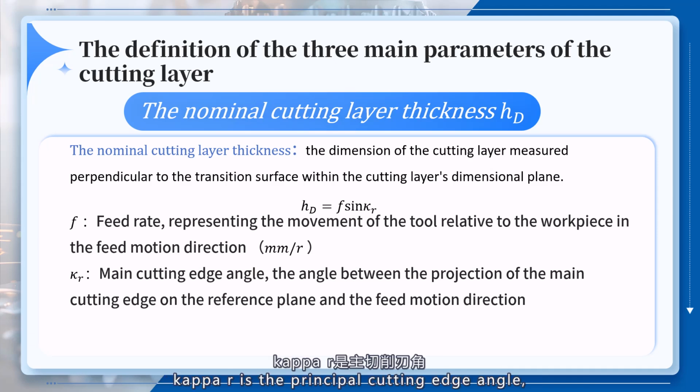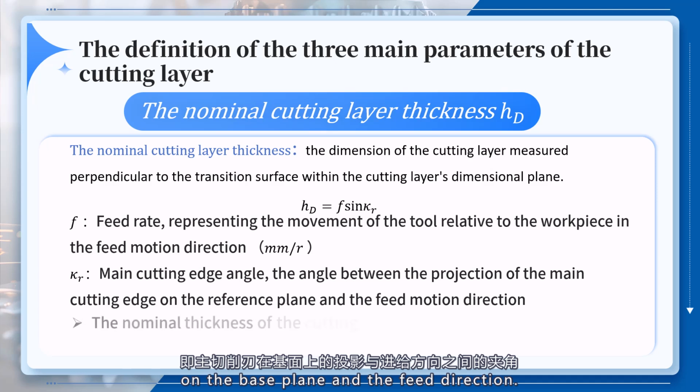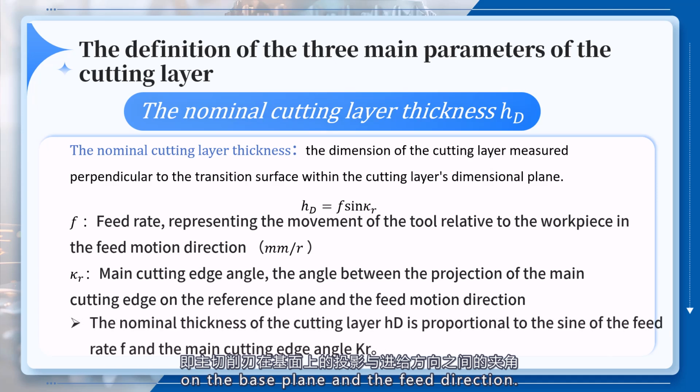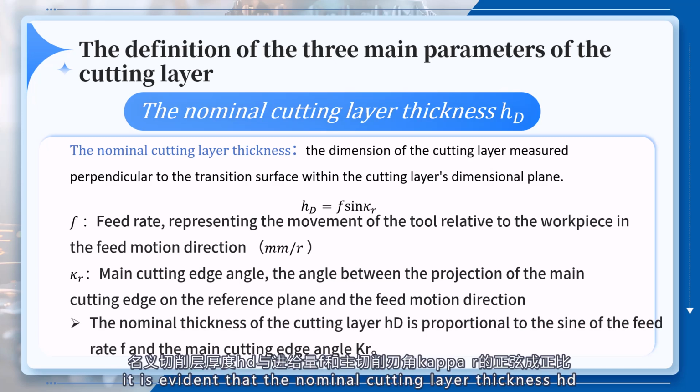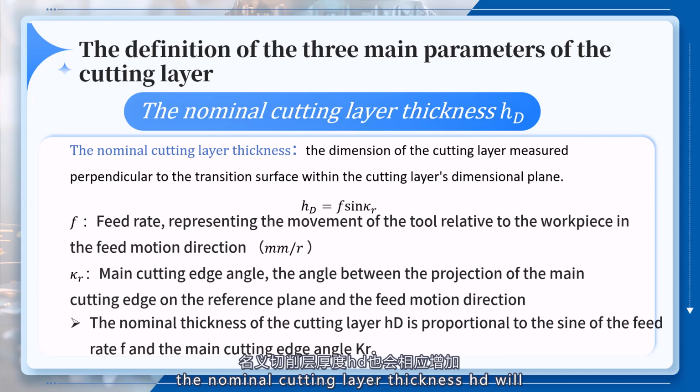Kappa R is the principal cutting edge angle, which is the angle between the projection of the main cutting edge on the base plane and the feed direction. From the formula, it is evident that the nominal cutting layer thickness HD is directly proportional to the feed rate F and the sine of the principal cutting edge angle kappa R. For instance, when the feed rate F increases or the principal cutting edge angle kappa R increases, the nominal cutting layer thickness HD will also increase accordingly.